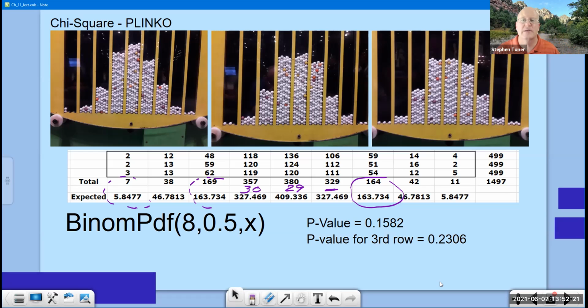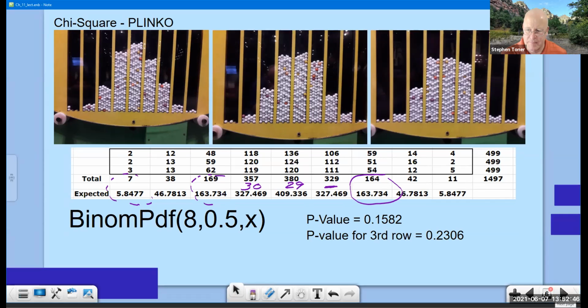I can only be 77% confident that the thing is out of balance, whereas previously I could be closer to 85% confident. So bottom line, end of the story here, the thing probably is a little bit off balance, but I don't have enough evidence to really call them up and say, you guys goofed.